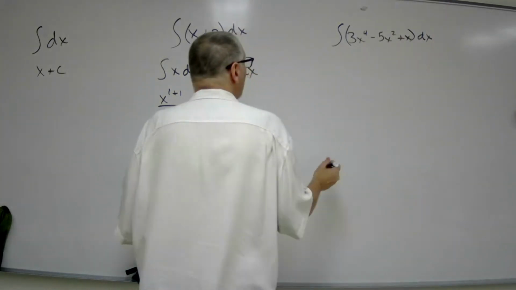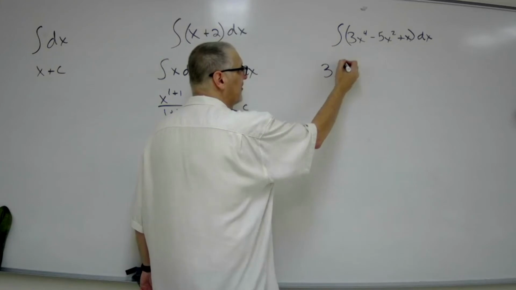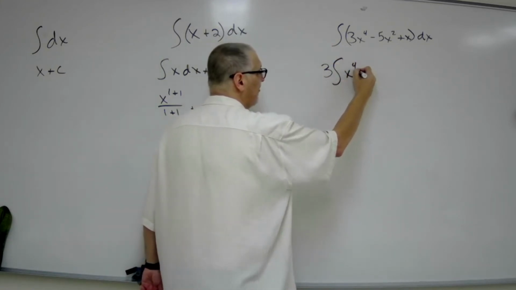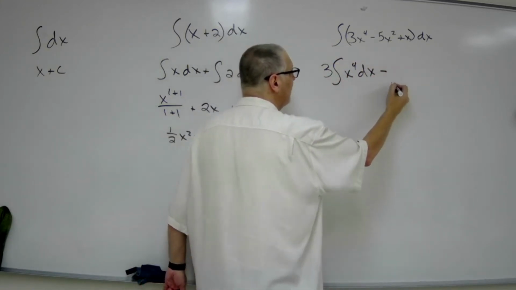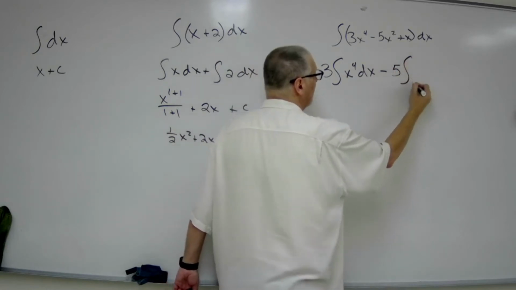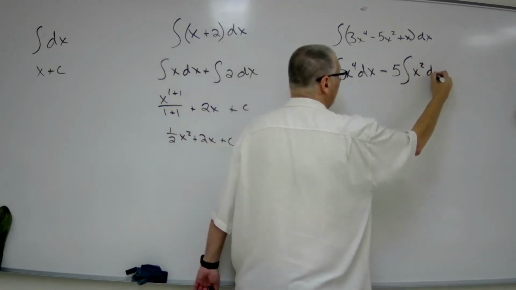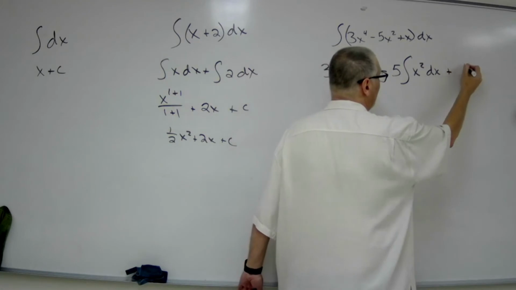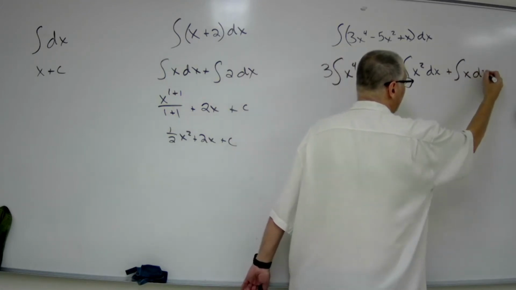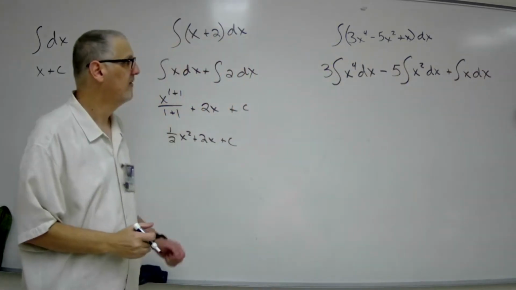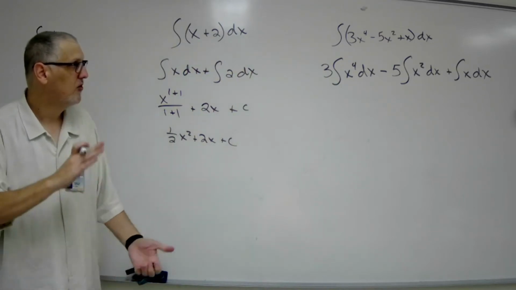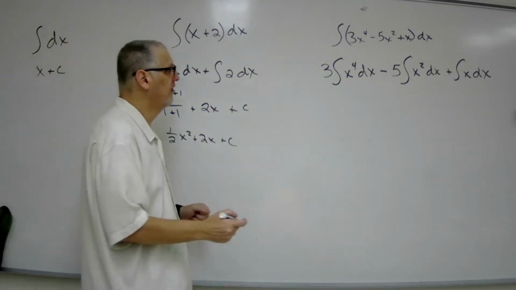So I'm going to do 3, pull my constant out, times the integral of x to the 4th dx, minus 5 times the integral of x squared dx, plus the integral of x dx. What's the integral of x to the 4th?